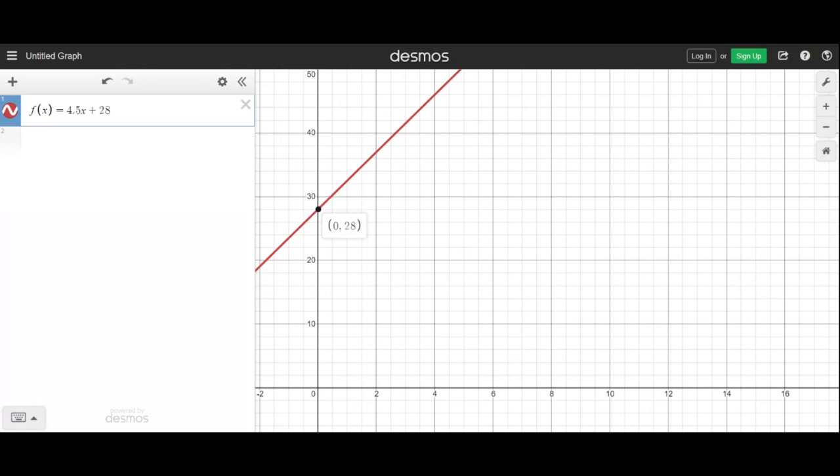Well, we know it's 4.5, so now we just have to think about, in the context of the problem, what does that actually mean?